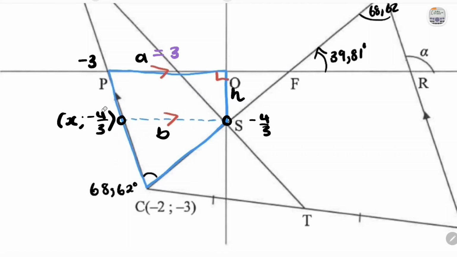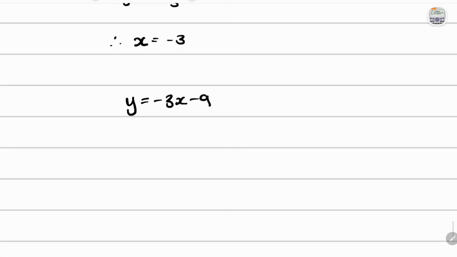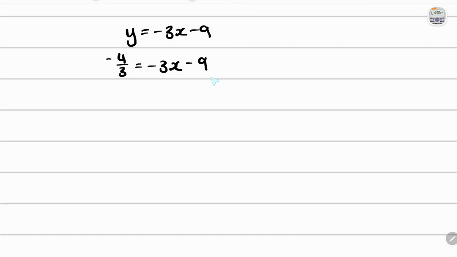So we're going to substitute that into the y value in that line CD, and we'll find what exactly that x value is. So negative 4 over 3 is equal to negative 3x minus 9. At this point, we can take the 3x over, and this comes over and also becomes positive, and minus 9.